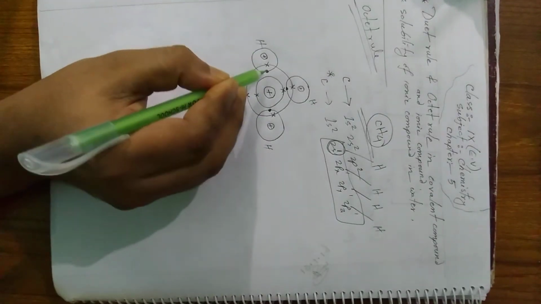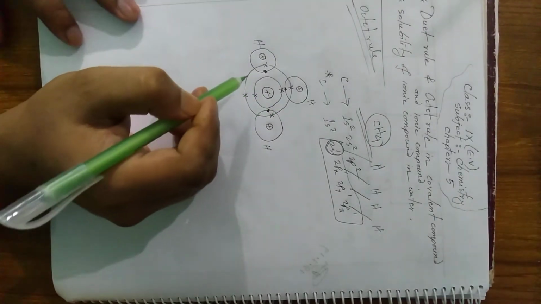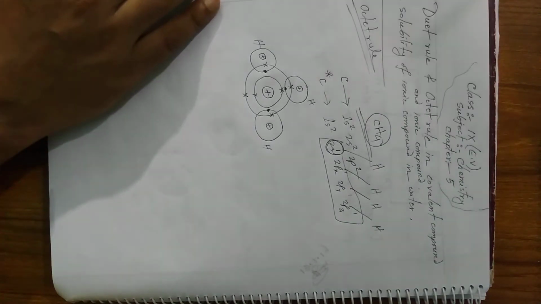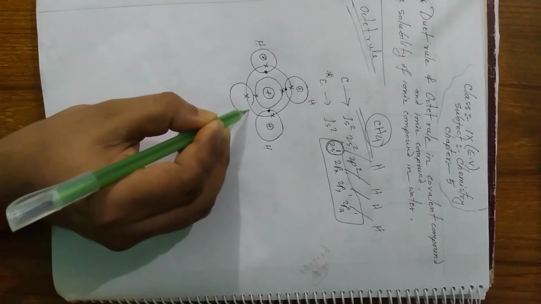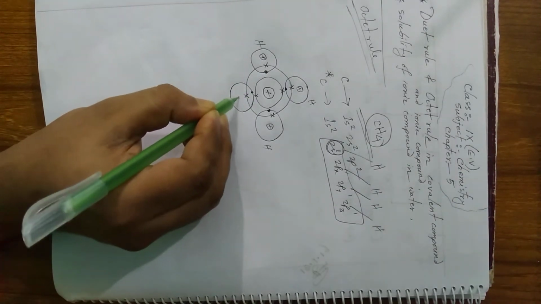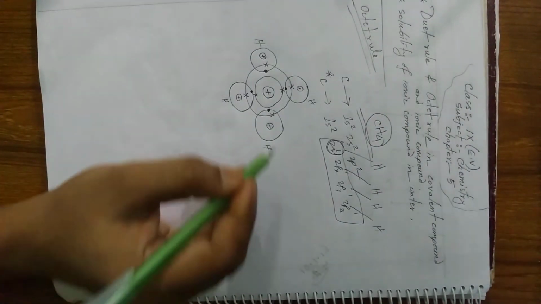So this is also a covalent bond formed by sharing electrons between carbon and hydrogen. Here 4 covalent bonds are formed by sharing electrons between carbon and hydrogen.